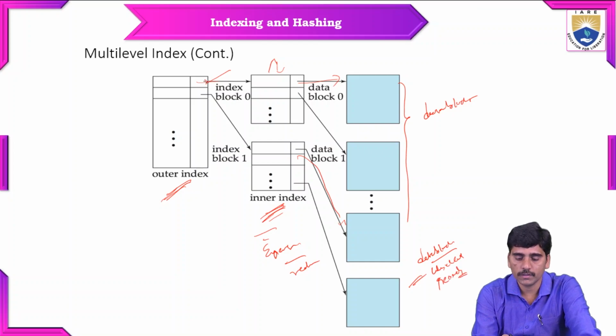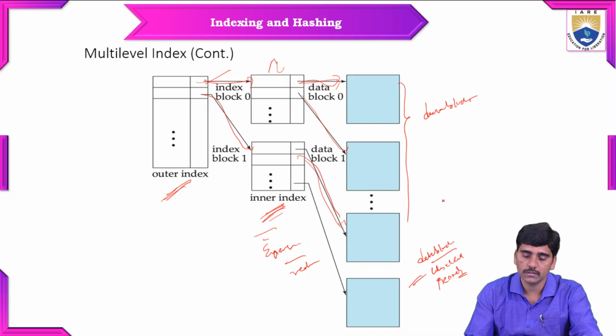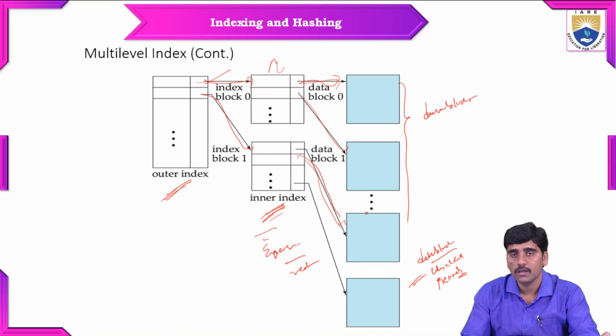From index block 0 and index block 1, we reach data block 0 and data block 1. Like that, we can create a number of levels of index. That is why it is called a multi-level index.